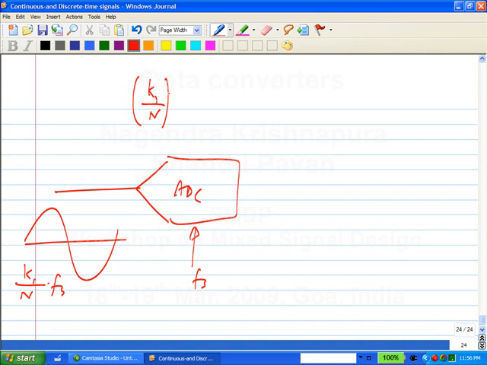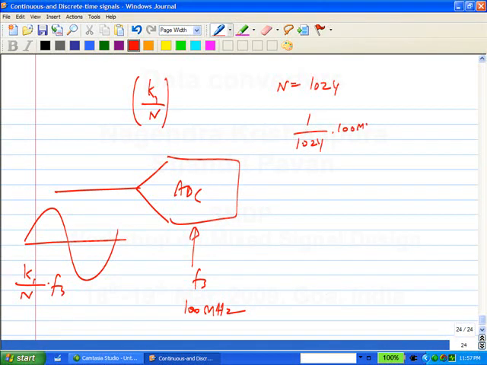So let's say you have a 100 megahertz sampling rate, and you have chosen to use a 1024 point DFT. That is n is 1024. This means that the input frequency can be 1 by 1024 times 100 megahertz.